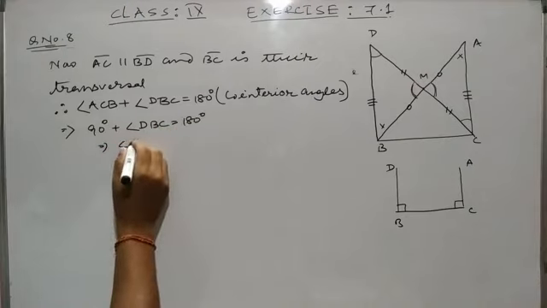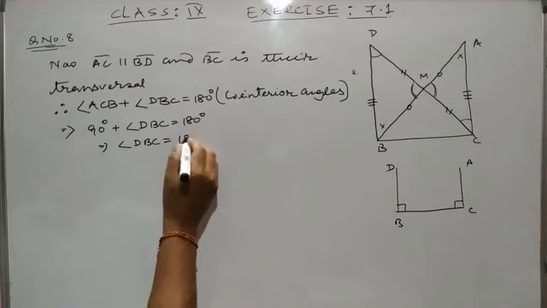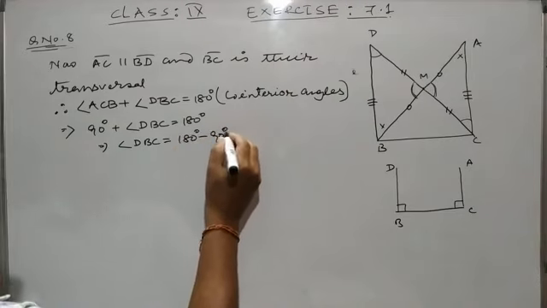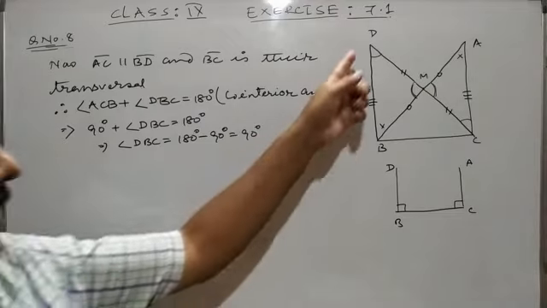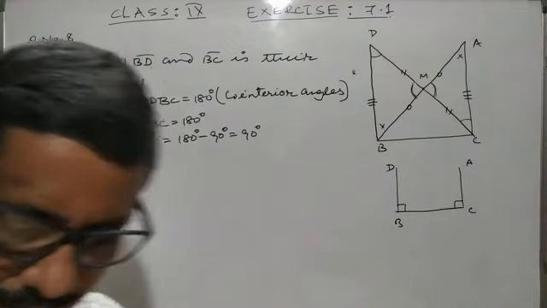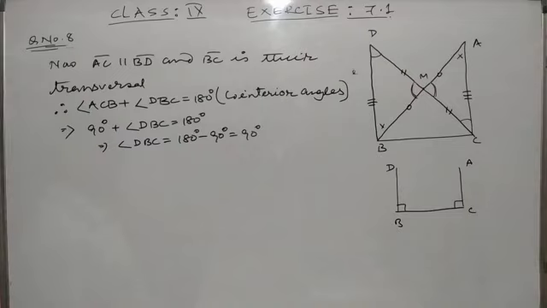This implies that angle DBC equal to 180 degrees minus 90 degrees, 90 degrees. So thus we have got angle DBC equal to 90 degrees. Second proof over.